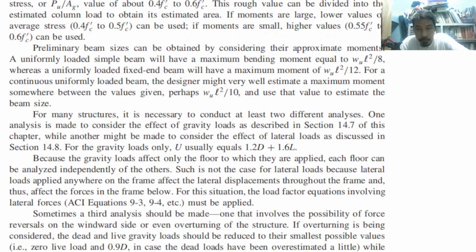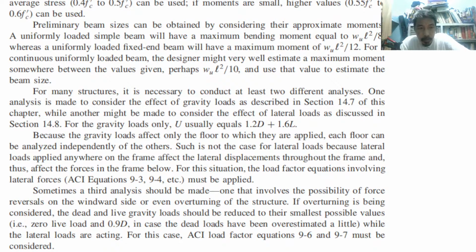So, for many structures, it is necessary to conduct at least two different analyses. One analysis is made to consider the effect of gravity loads, while another might be made to consider the effects of lateral loads.